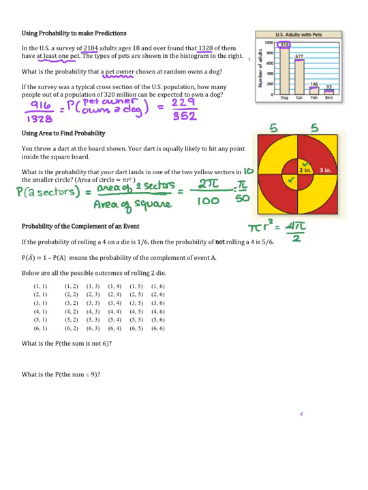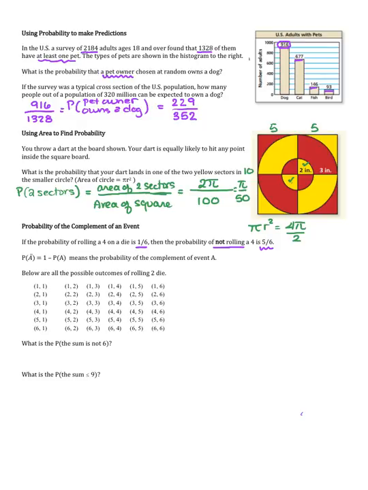So, for instance, if you were to roll a die, we know that the probability of rolling a 4 is 1 out of 6. That means the probability of not rolling a 4 is 5 out of 6. So it's easier to count what would happen and then figure out from there what didn't happen.